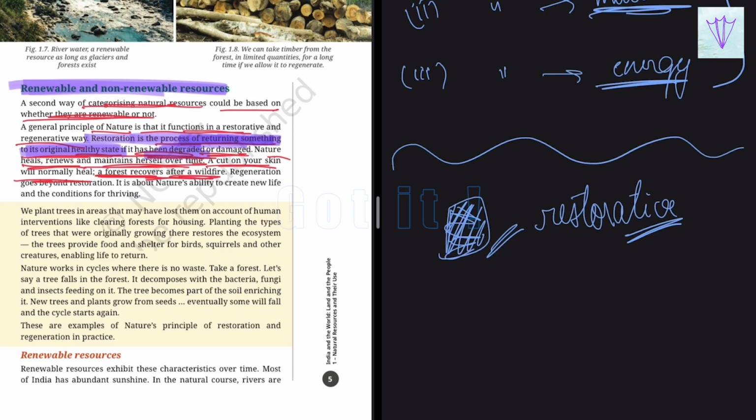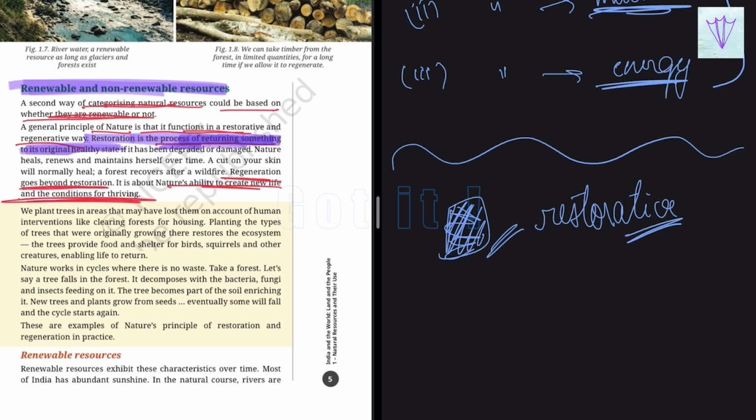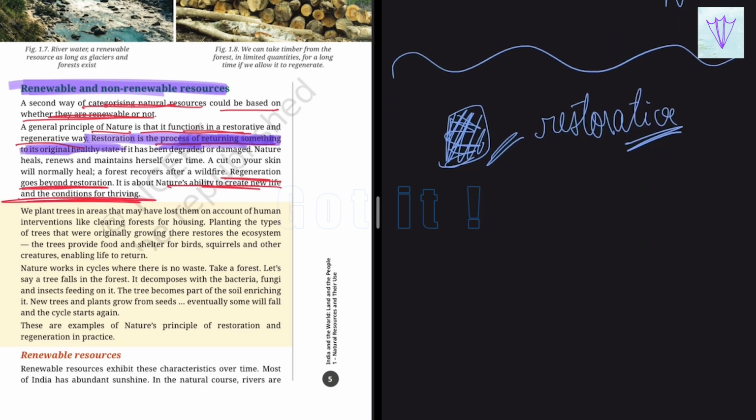Regeneration goes beyond restoration. It is nature's ability to create new life and conditions for thriving. So there is a difference between restoration and regeneration.